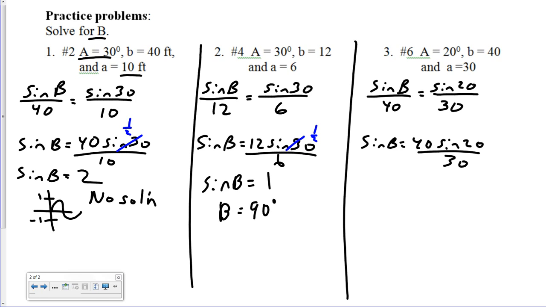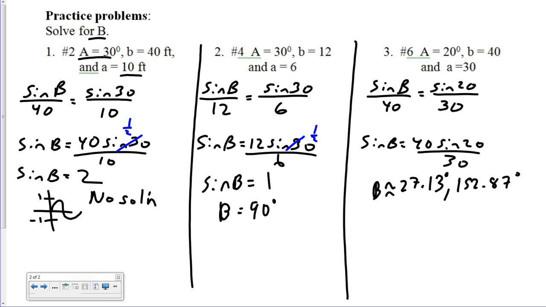Going to this one, you're going to go ahead and put it in your calculator. And when you do the sine inverse of the answer, you end up with B being approximately 27.13. And if I subtract that off of 180, I'm going to get 152.87.